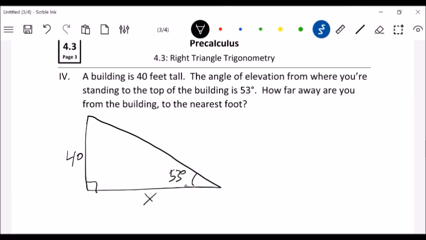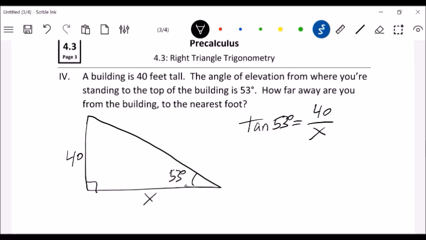How far away are we? Well, clearly this is opposite and adjacent again, so it's tangent. So the tangent of 53 degrees is equal to the opposite over the adjacent.